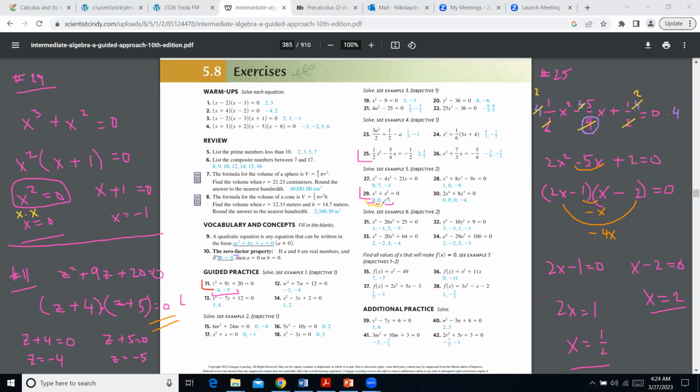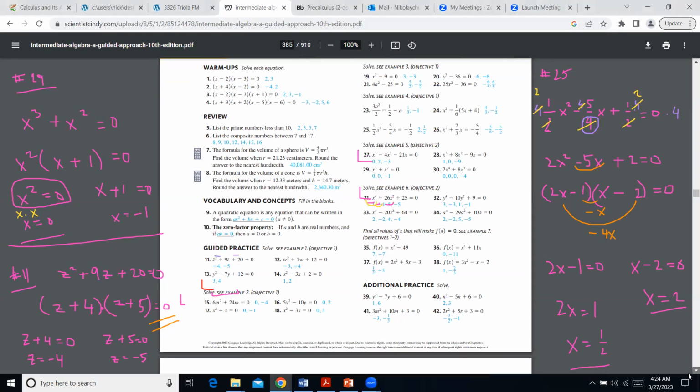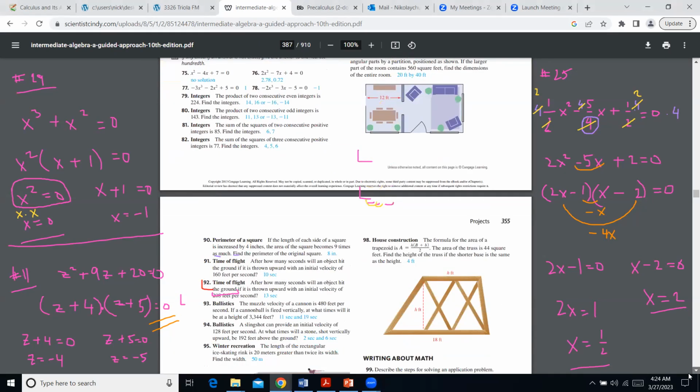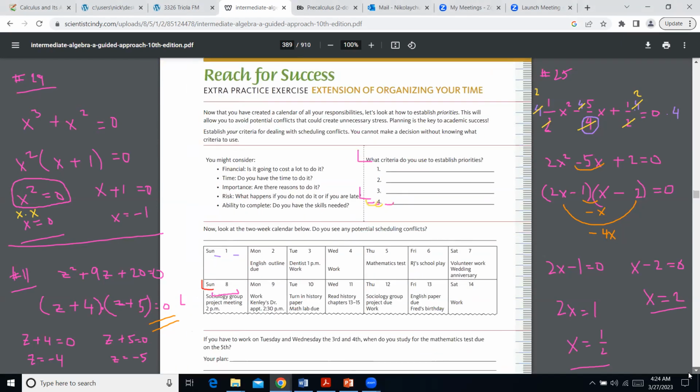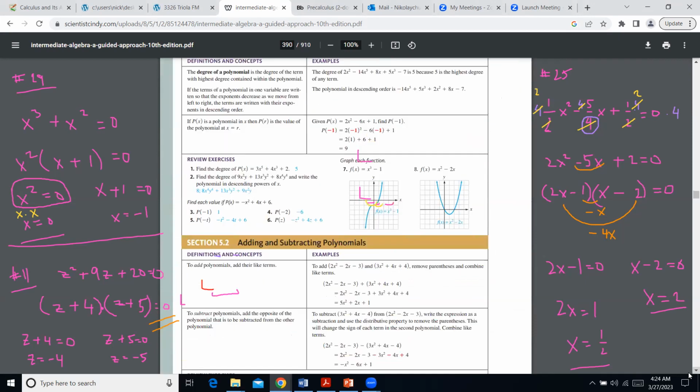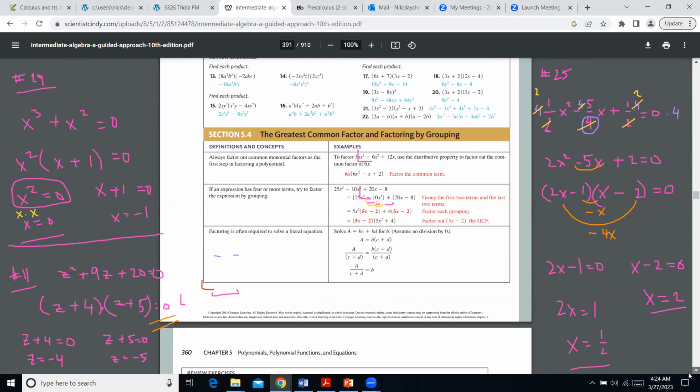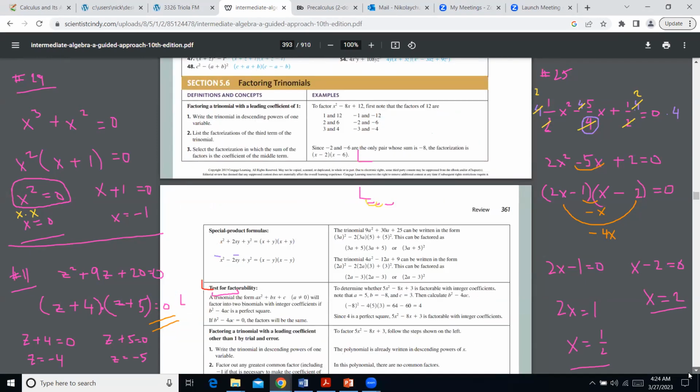So it looks like we have lots of factorings, and that's pretty much all this section is talking about. So when I check and see what happens in the next exercises set, you see that chapter 5 is finally over.